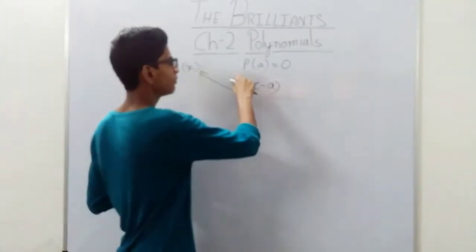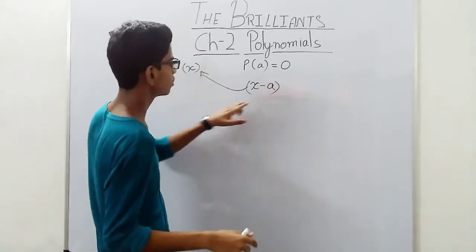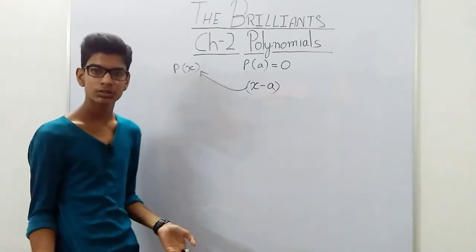This means if we divide p(x) by this, the remainder will come 0.